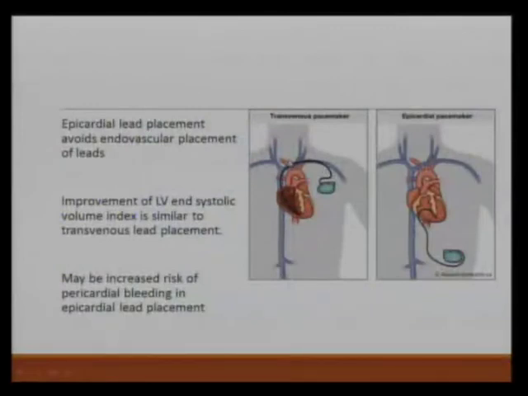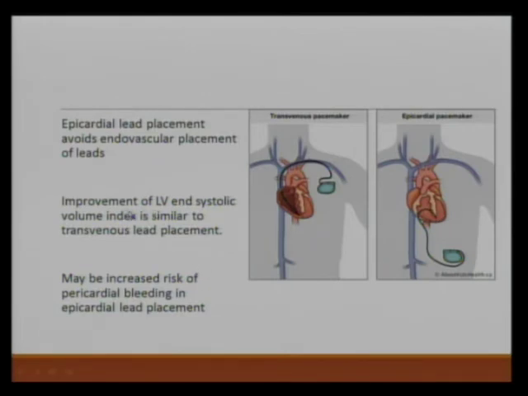This is showing you the transvenous leads going into the right atrium and right ventricle, but they have epicardial leads now, and it's a surgical process, where the leads are surgically attached to the heart, not going through the blood vessels. The thinking is that could be a good thing for people with chronic kidney disease, because it wouldn't have this lead going through the vessel for years and years, as long as they had the pacemaker.